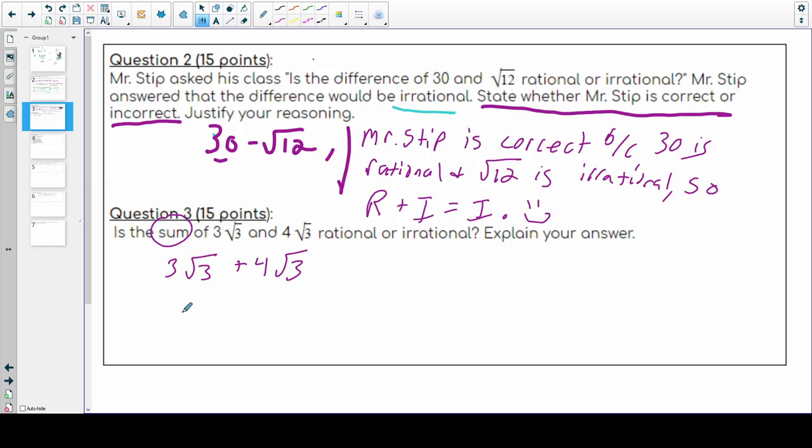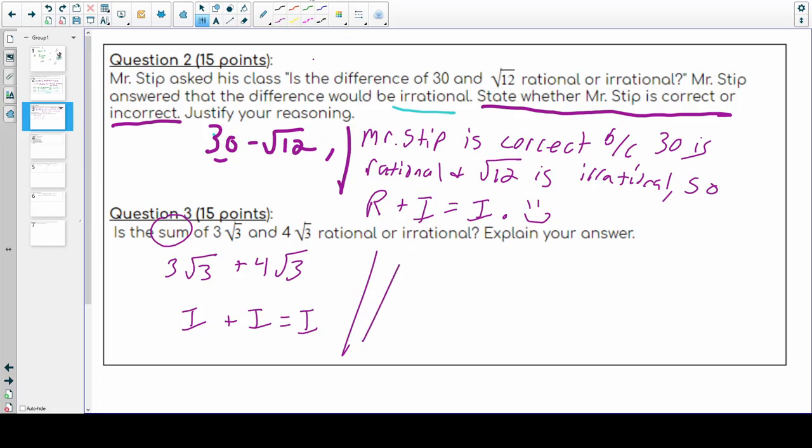When you multiply them together, you get an irrational number. 4 is rational, and 3 is irrational. When you multiply those together, you also get an irrational number. Therefore, an irrational plus an irrational. Well, that's going to be irrational.